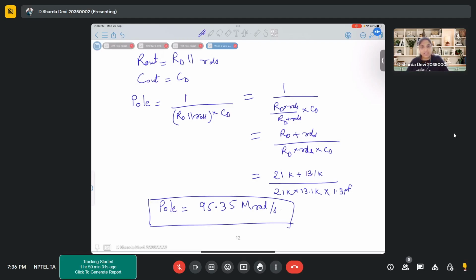So the pole at your output is 95.35 mega radians per second.